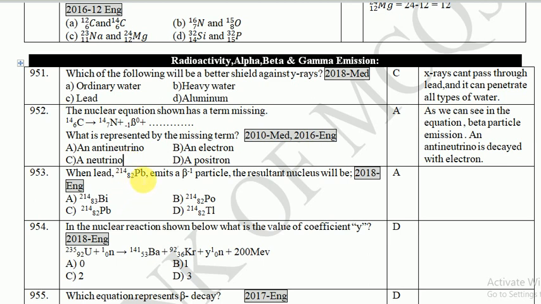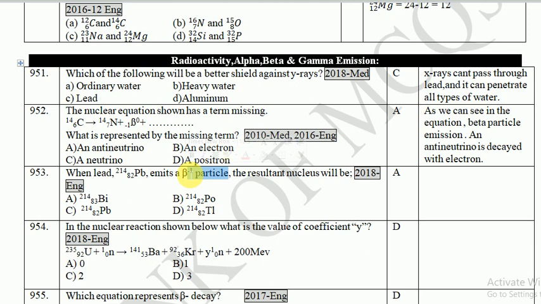When lead Pb-214 with Z equal to 82 emits a beta particle, the resultant nucleus will be what? If it decays by a negative beta particle, it means an electron has been removed.